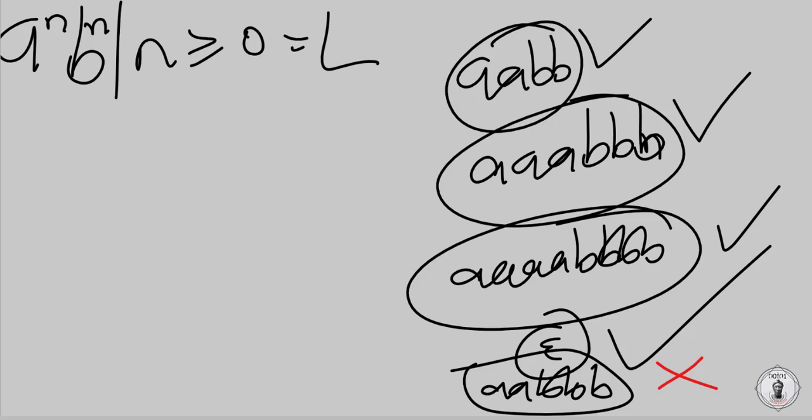So let's say you have a state q naught. What we are trying to do here, conceptually, even before we approach this problem, is this: if I'm able to add 3 A's, then I design my automaton in such a way that you add 3 A's to the stack, and the next thing my automaton is expecting is 3 B's.